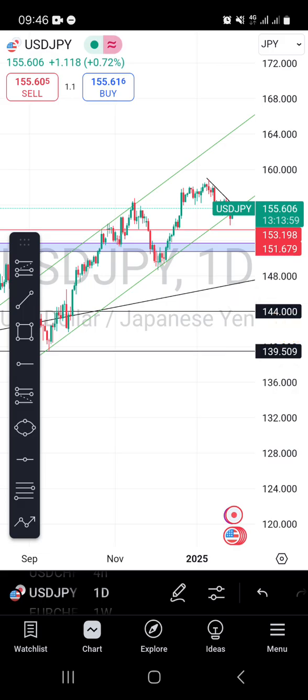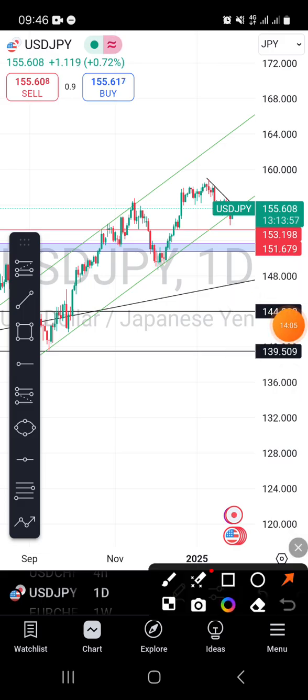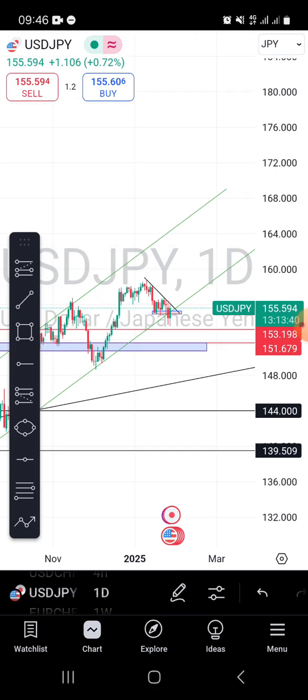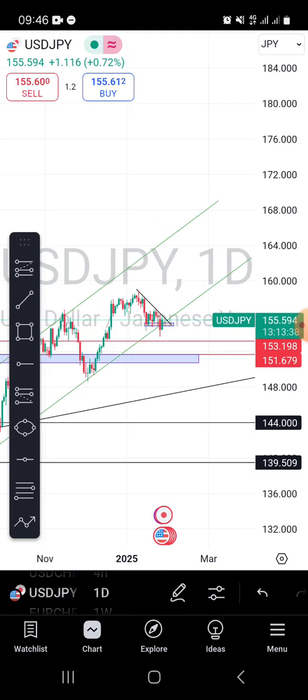So the first touch, the second, the third, and now the fourth. First touch, second touch on uptrend line, the third touch, just made the fourth touch. This shows the continuation of this uptrend.